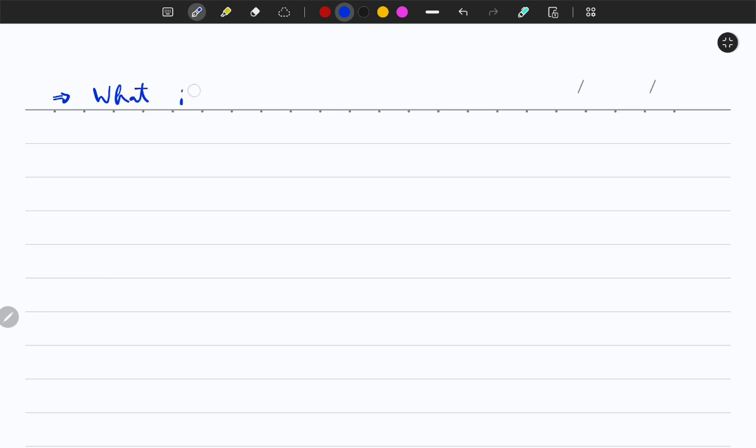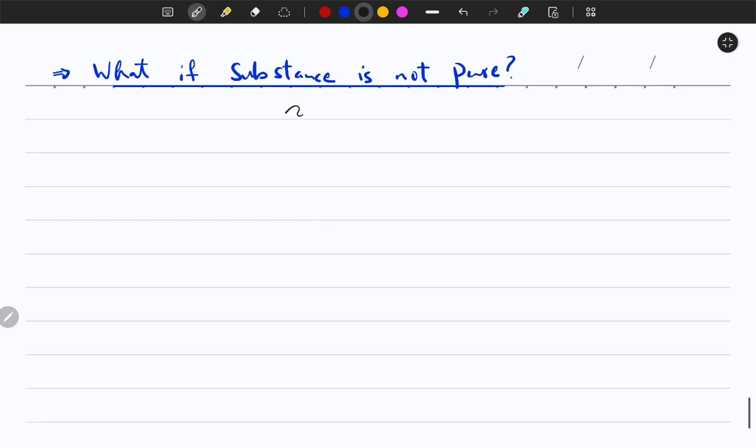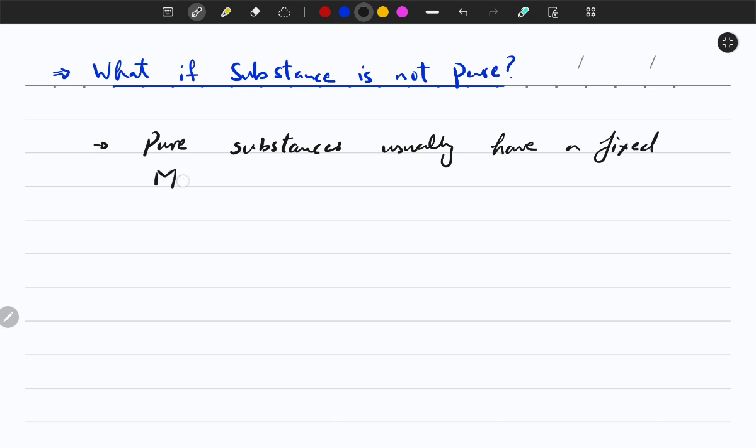What if the substance is not pure? Remember, pure substances usually, not always, usually have a fixed melting point and boiling point.